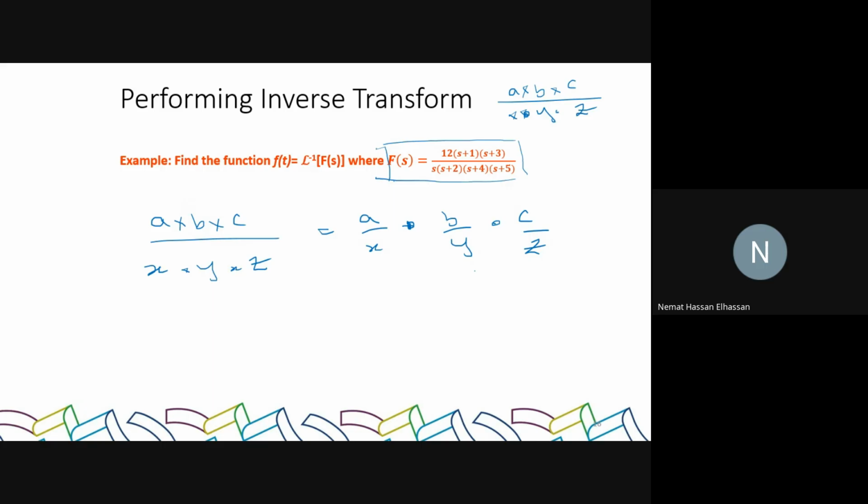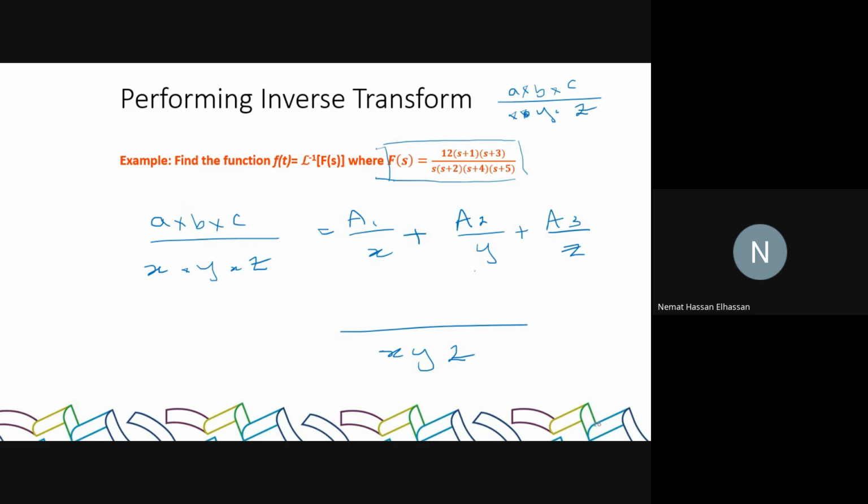It is also equal to A1 over X plus A2 over Y plus A3 over Z. If you look at the right hand side of the equation, we had three small fractions, and we unified their denominators X, Y, Z: A1 times Y times Z plus A2 times X times Z plus A3 times X times Y. Right?